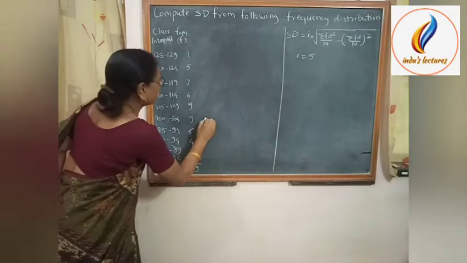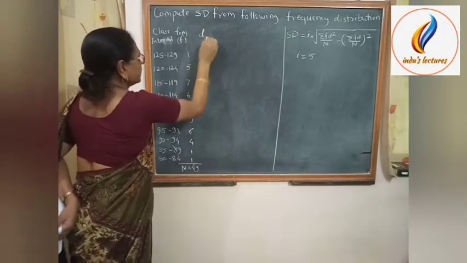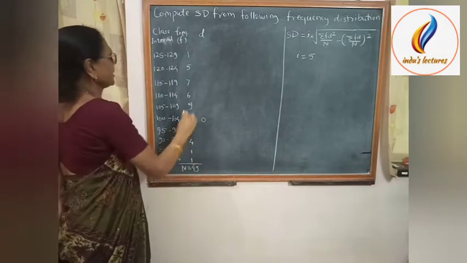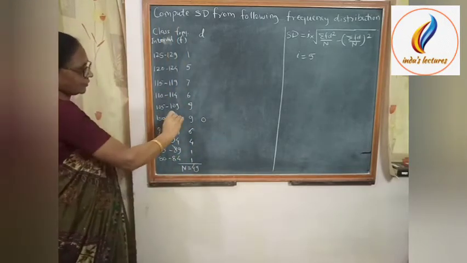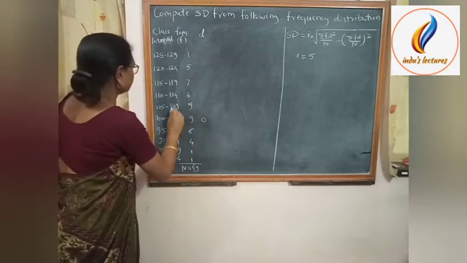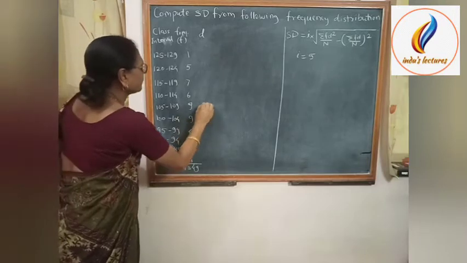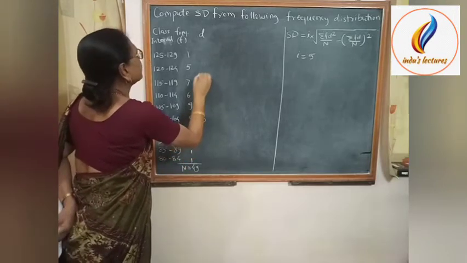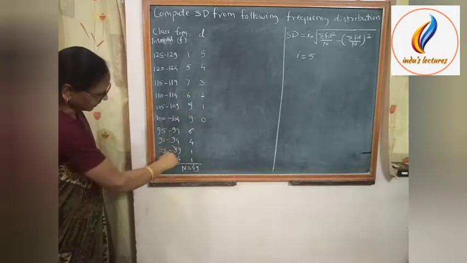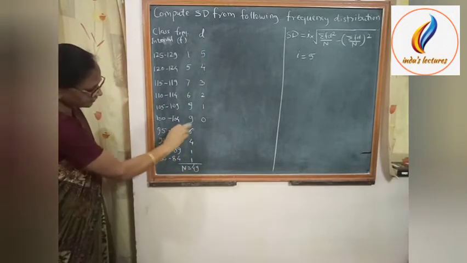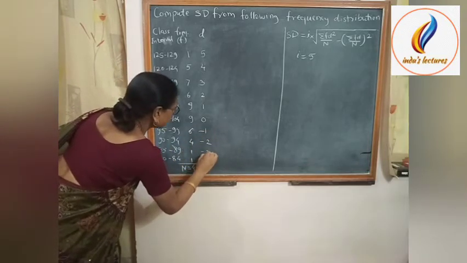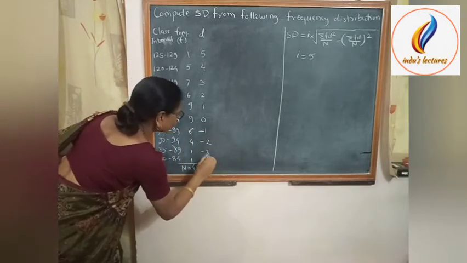So the deviation of this class interval is 0, and if we go upper to this class interval, the deviations are 1, 2, 3, 4 and 5, and below the class interval of 100 to 104 the deviations are -1, -2, -3 and -4.